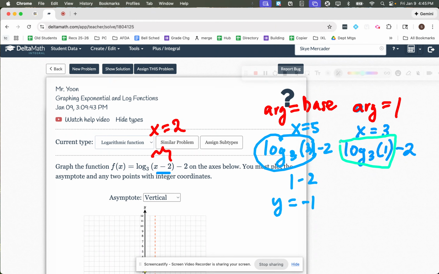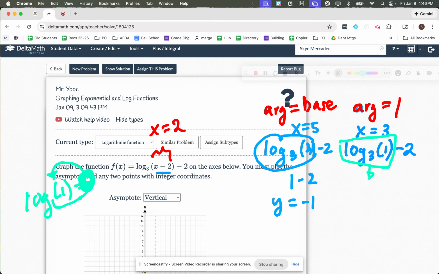In fact, what is log base anything of 1? We talked about that before. Log base anything of 1, what do we take the base to in order to make the result 1? What exponent is that? It's 0.